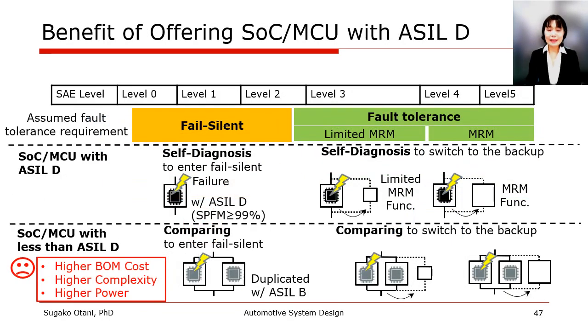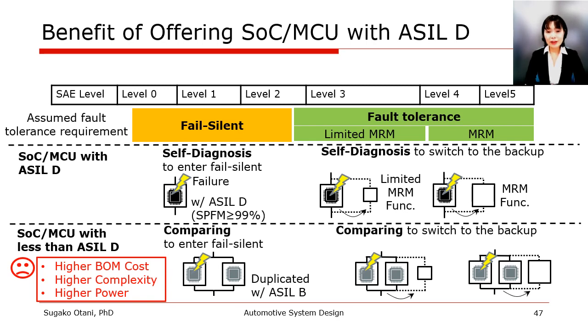In realizing these systems, using an SoC or MCU with LCD has advantages in reducing cost, power consumption, and system complexity. The devices with LCD can detect failures by self-diagnosis. The fail-silent system can be realized by the LSI alone.